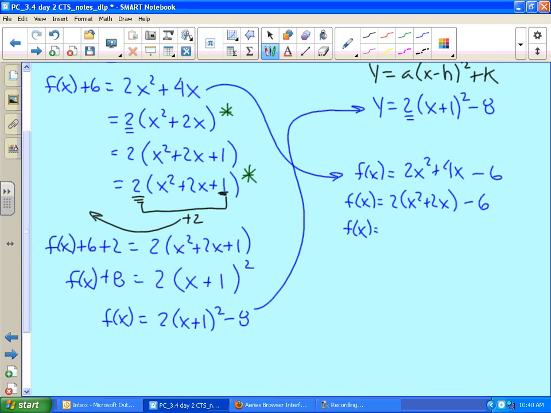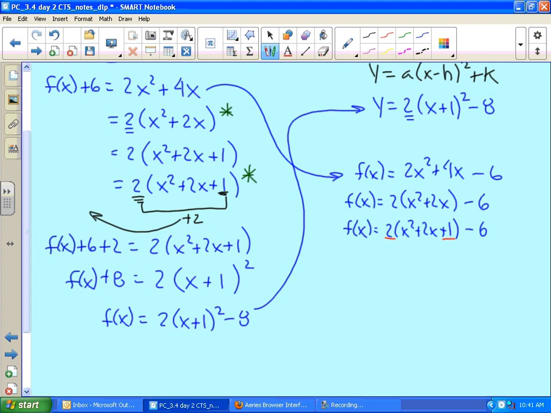F of x equals 2 times x squared plus 2x plus 1, minus 6. But, man, there's that 2 again. Take the scale. I've put 2 on this side of the scale, and it's now down here. There's no other arm on the scale. How do I make the scale go back into balance?